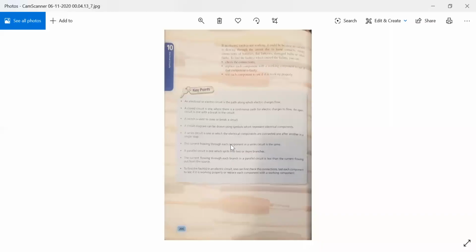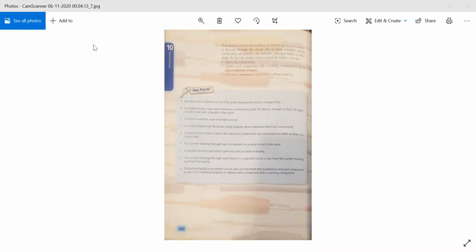So if there is any fault in our gadget, how can we check those faults? First of all, you should check the connections. Are the connections properly made or not?